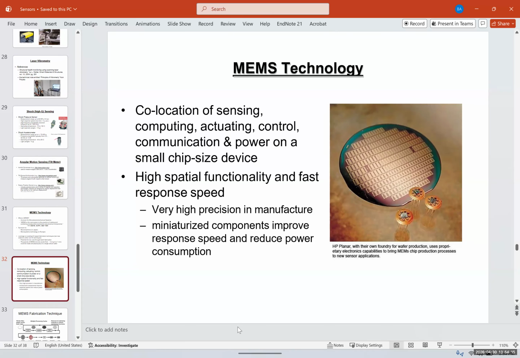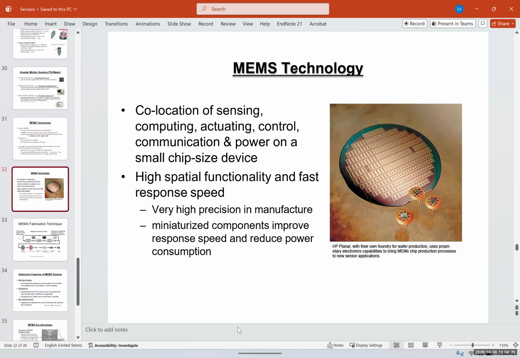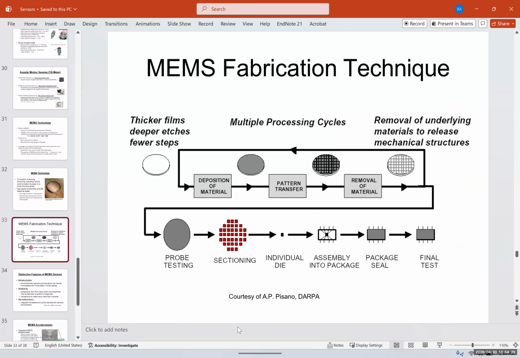You have high spatial functionality and fast response speed, very high precision in manufacture. Miniaturized components improve response speed and reduce power consumption. And since you build them in a batch, they are very consistent. If you buy individual sensors, you can't find two sensors produced in the same factory that have the same characteristics. But in a MEMS, you can make them more unified.